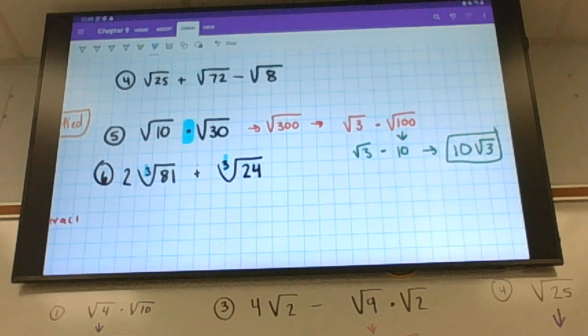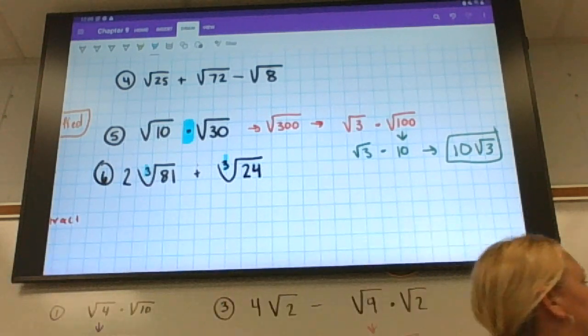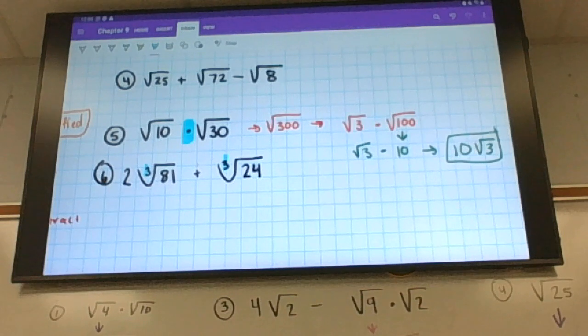I know I can cube root 343. I know I can cube root 512. I know I can cube root 729. And then what do you guys think the cube root of 1000 is? It's 10. 10 times 10 times 10 is 1000. Alright, so since we got a little 3 here, we got to use our cube root list.